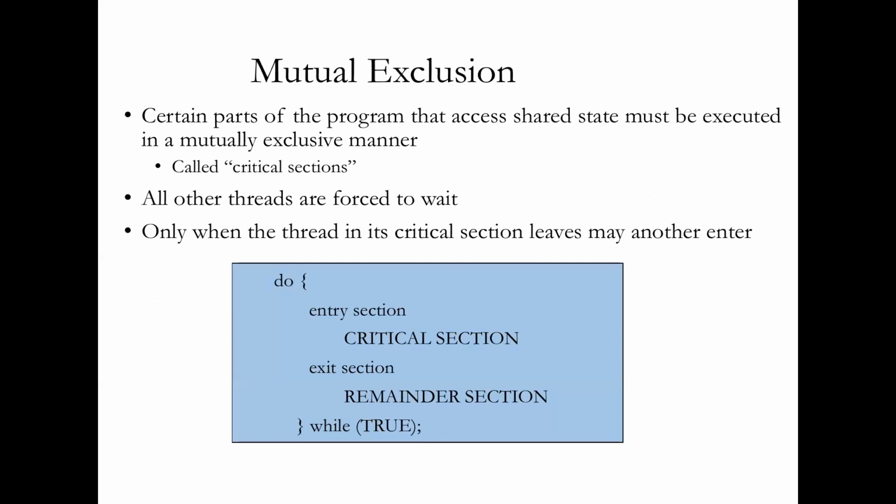So sometimes you want certain parts of the program where you make sure that only one thread is running that part. By the way, this is not the only solution to the problem. There are more complicated algorithms and solutions to concurrency issues, but one common solution is mutual exclusion.